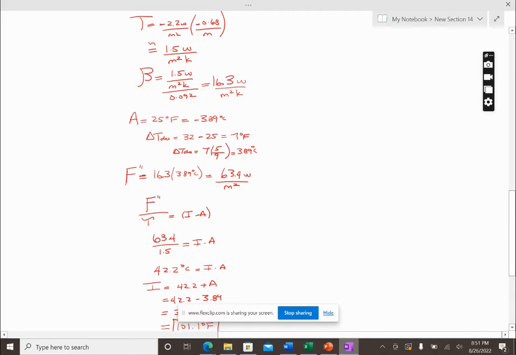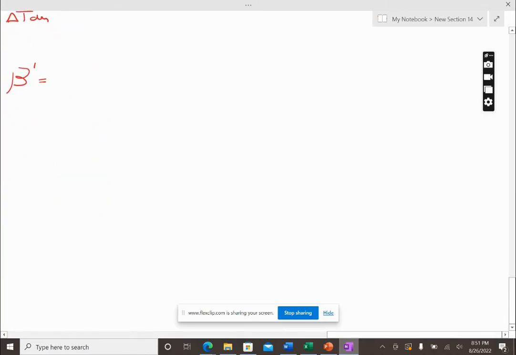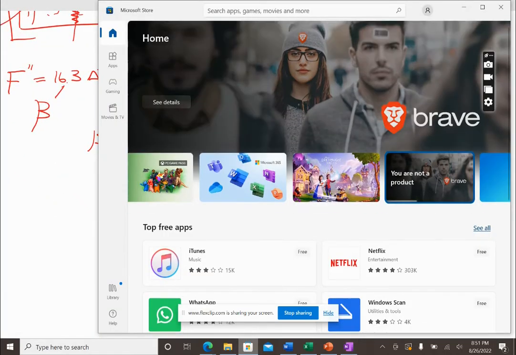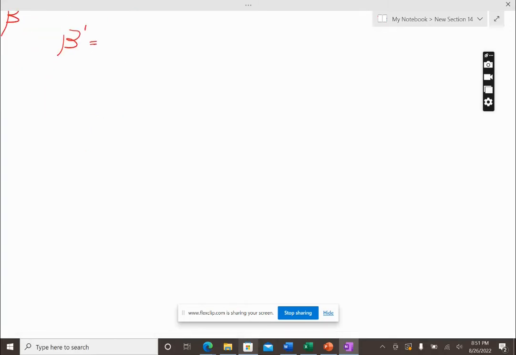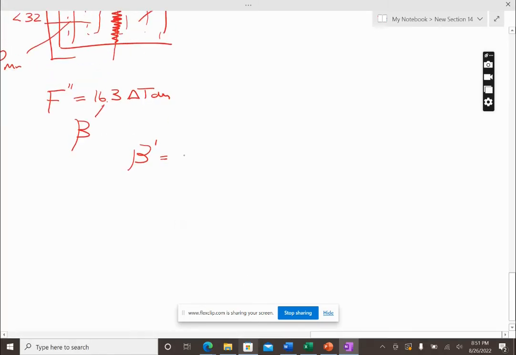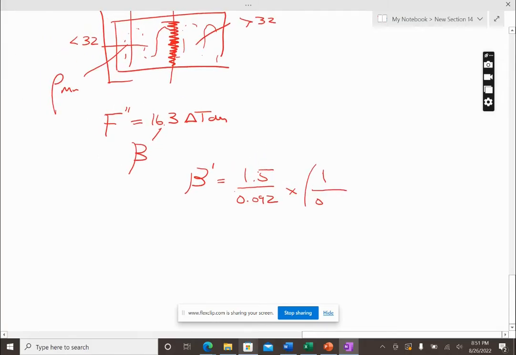Okay, it's 1.5 divided by proportion. So previously we solved it again, 1.5 divided by 0.092. Now we're just going to multiply by 1 divided by 0. Oh yeah, I forgot to state the minimum proportion at the outlet end that we measured was approximately 0.075, the average of this.